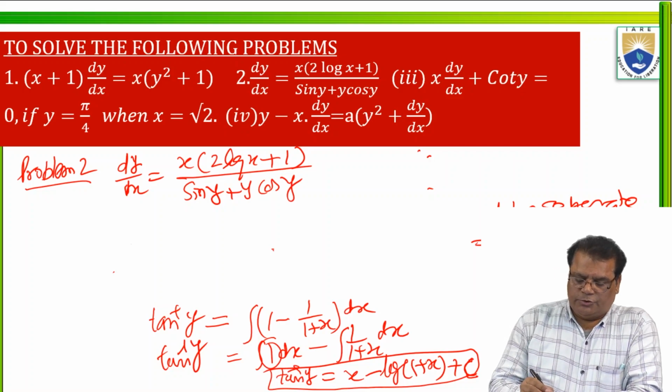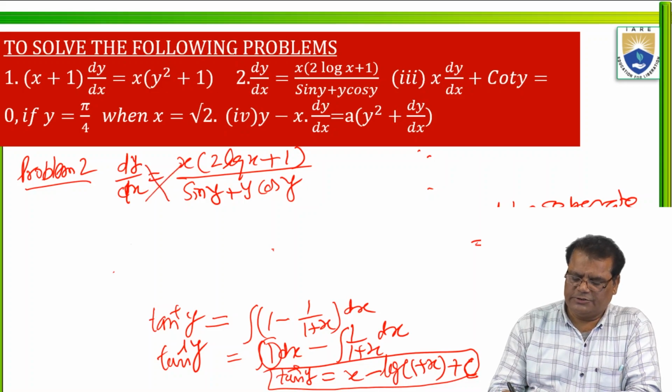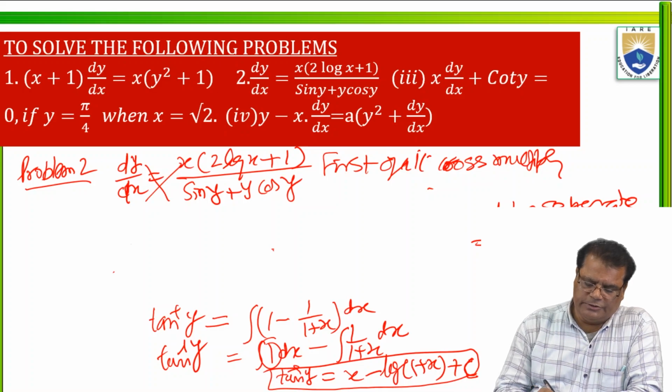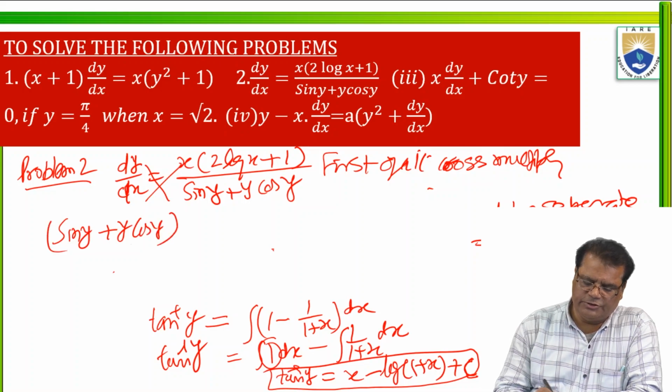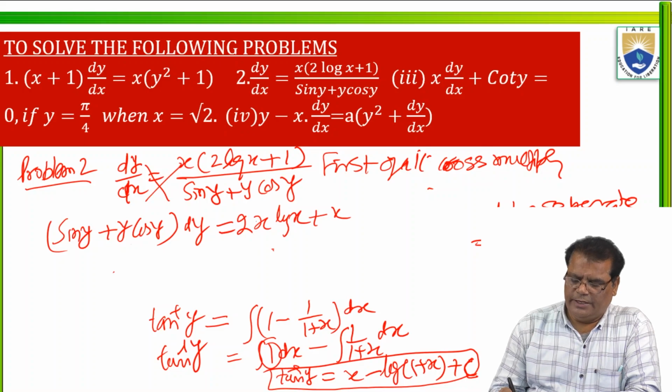Here we are cross multiplying: (sin y + y cos y) dy equals (2x log x + x) dx.